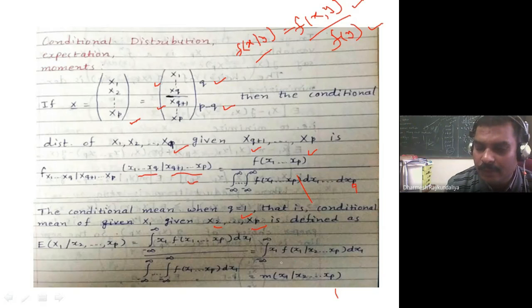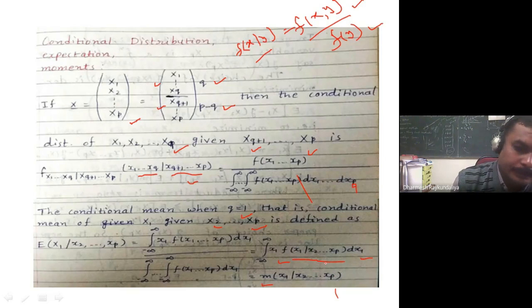So it is the integration of x1 times the conditional density of x1 given x2 up to xp, and it is denoted as m of x1 given x2 up to xp.